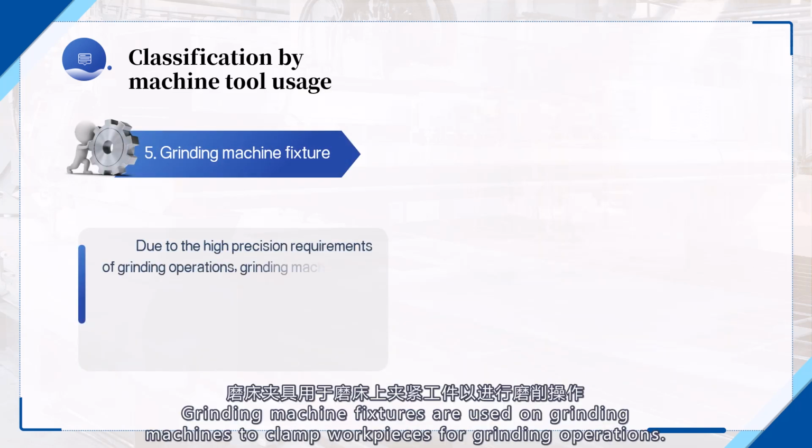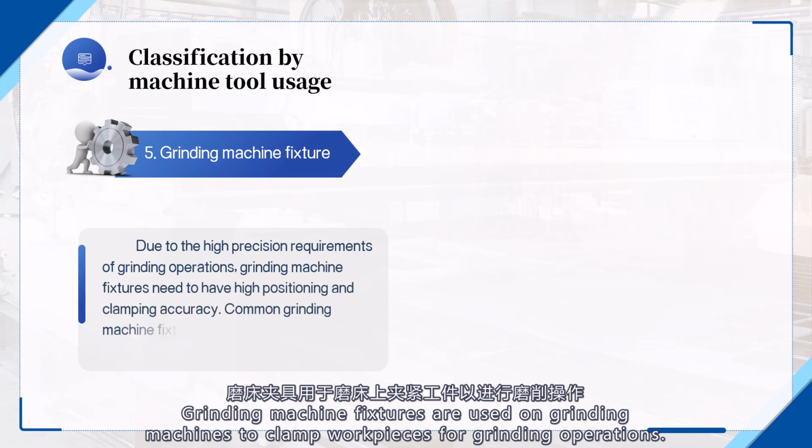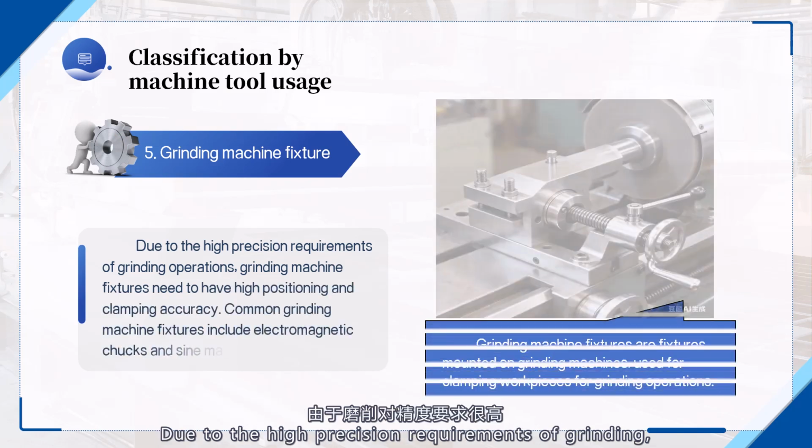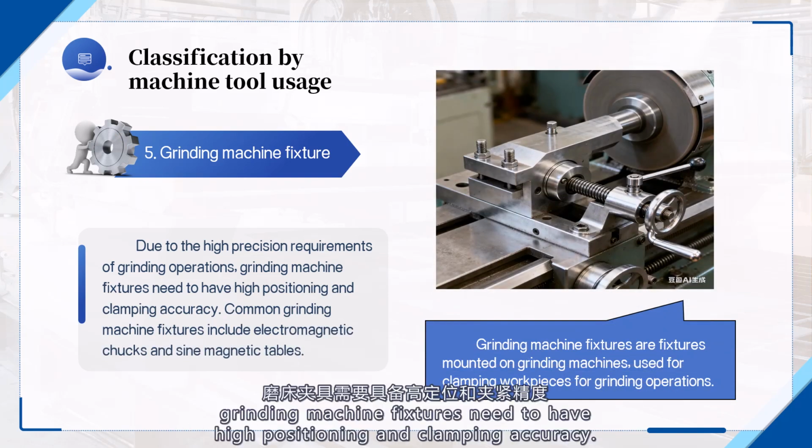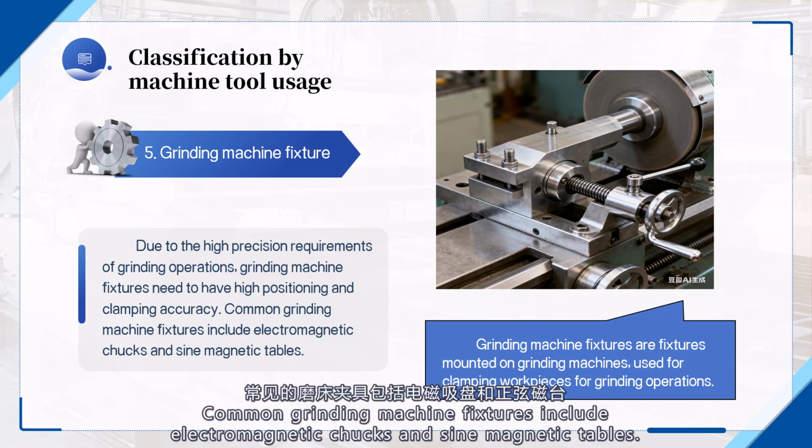Grinding machine fixtures. Grinding machine fixtures are used on grinding machines to clamp workpieces for grinding operations. Due to the high precision requirements of grinding, grinding machine fixtures need to have high positioning and clamping accuracy. Common grinding machine fixtures include electromagnetic chucks and sine magnetic tables.